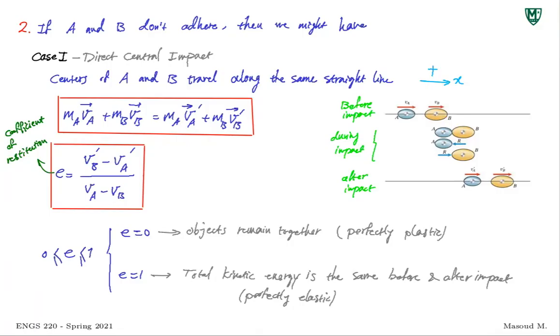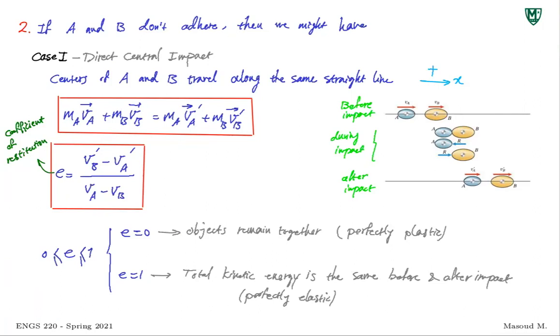So we have to take one direction as positive. In direct central impact, in this case, I took the direction towards the right as positive. You can think about it as x or just some positive direction along this straight line. At the beginning they both are moving to the right, so positive. A is going faster than B, so it hits B from behind, and then both keep going to the right after the impact.